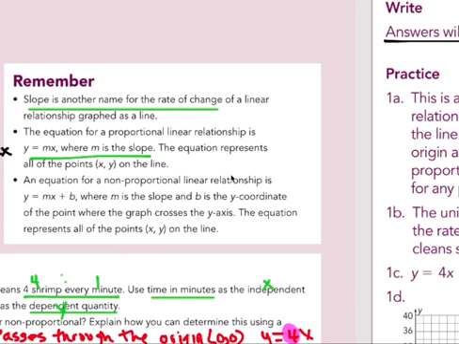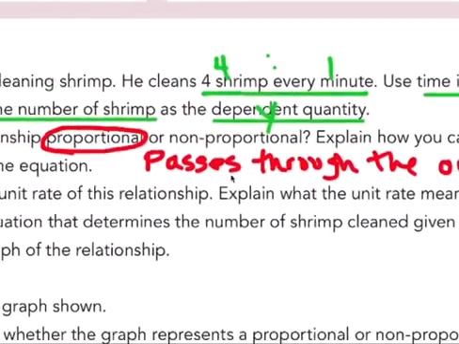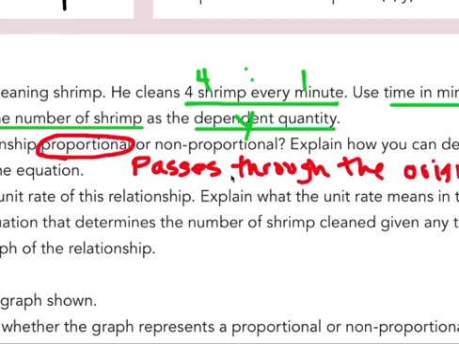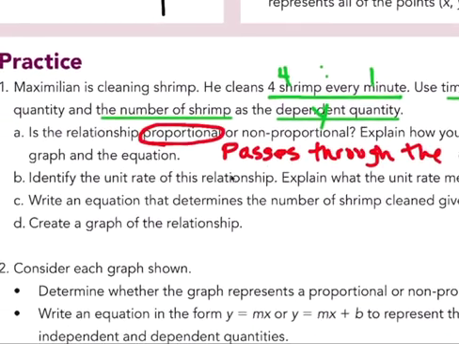The constant rate is 4 every time, right? The constant rate is the same. I guess that's why they said explain how you can determine by using a graph. Anyways, identify the unit rate of the relationship. The unit rate is 4 to 1.